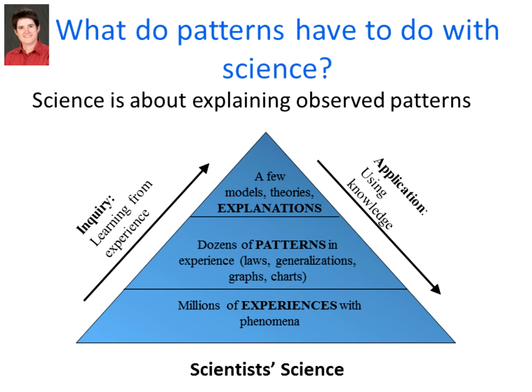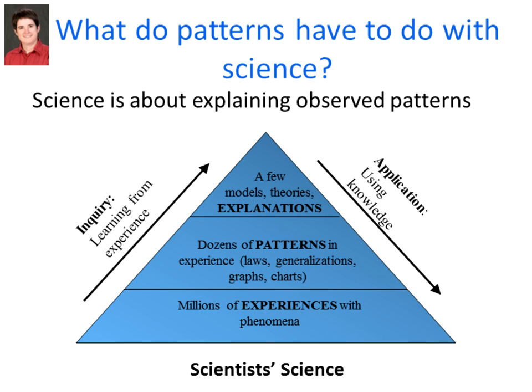So scientists and students are always learning from experiences. And then we can go down the other side and we can take our ideas, our explanations, models, theories, and we can apply them. We can use them to understand new patterns that we might see in new experiences.